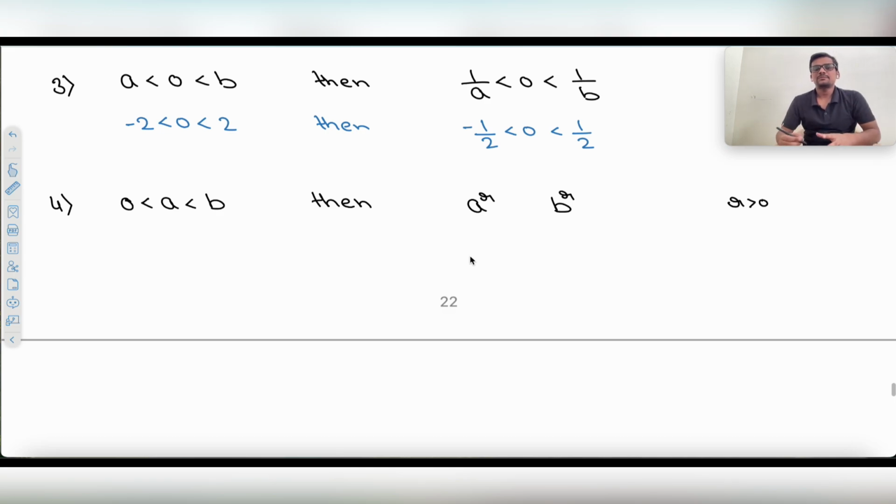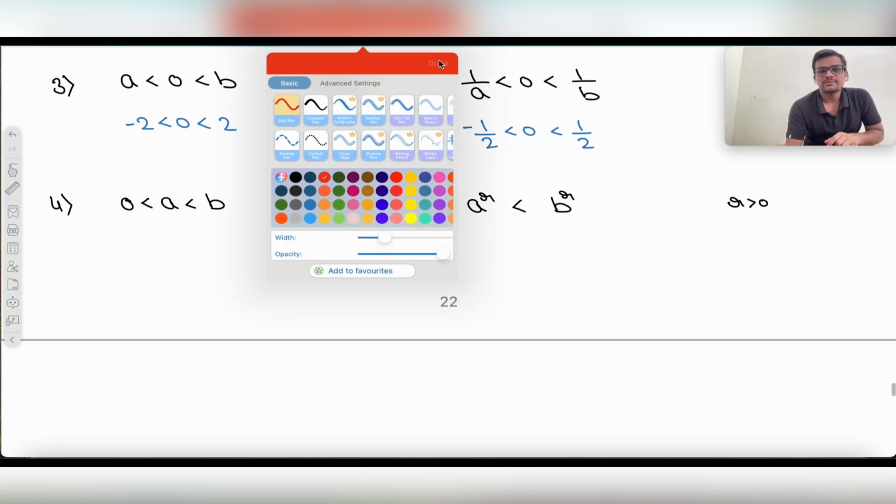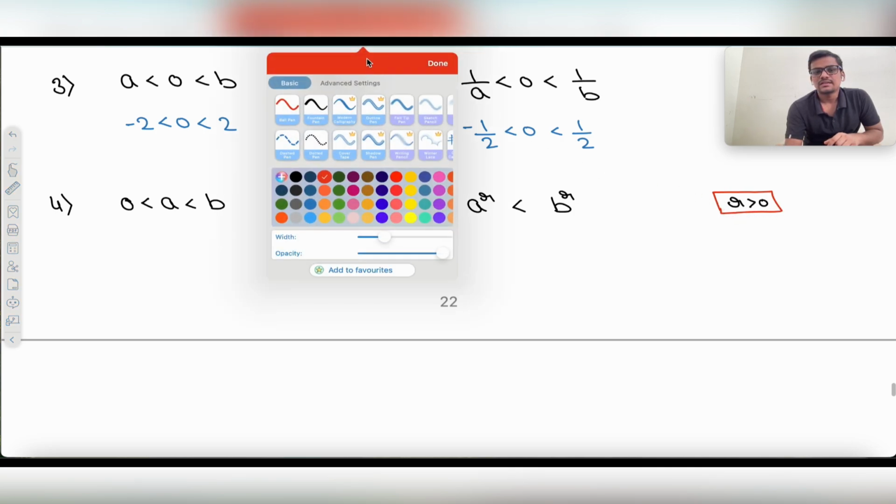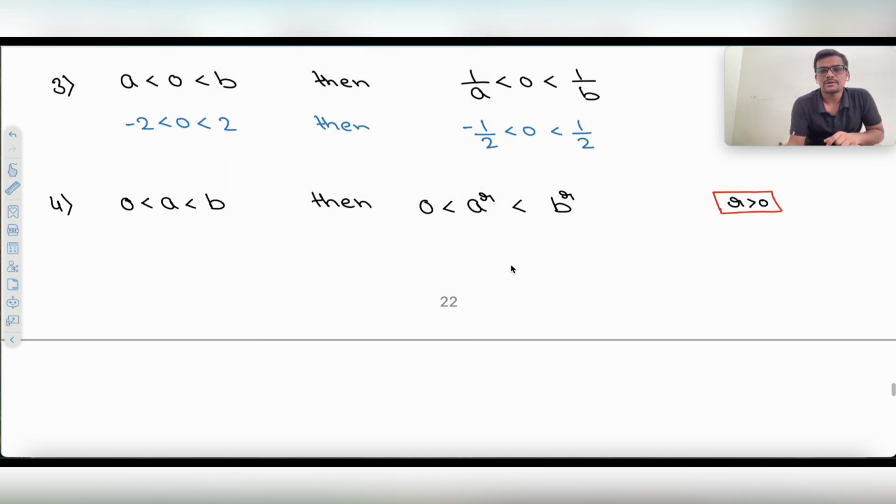See, this exponent function is strictly increasing, so it will not change the inequality. And because A is positive and B is positive, taking the power is always positive, so this will be greater than 0. So the point to think about is that my numbers are positive and my power is also positive, right? Now what will happen if I take a negative power?